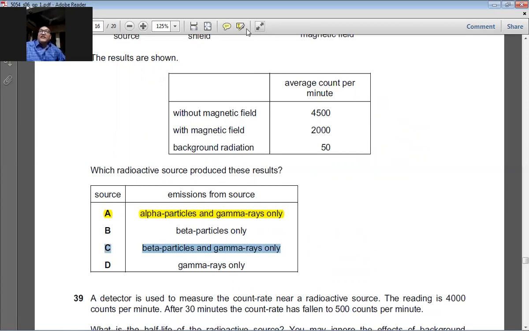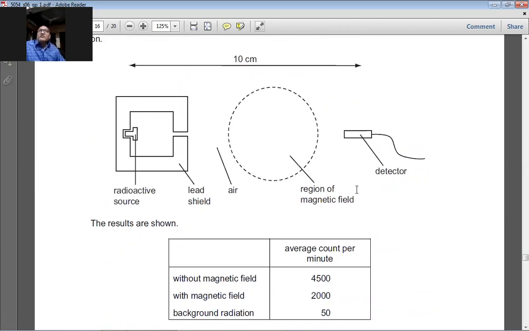Let me read the statement. Now we have a competition. Both these statements look right. But this detector is 10 centimeters from this source. See, it's very important.